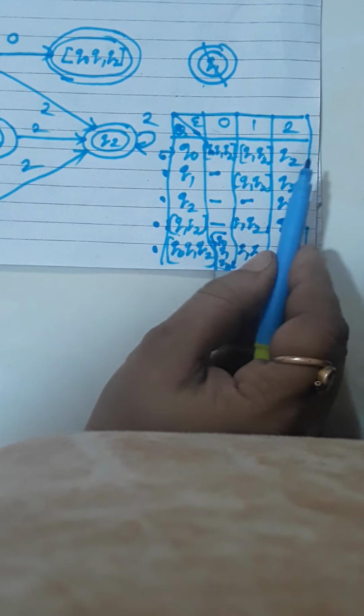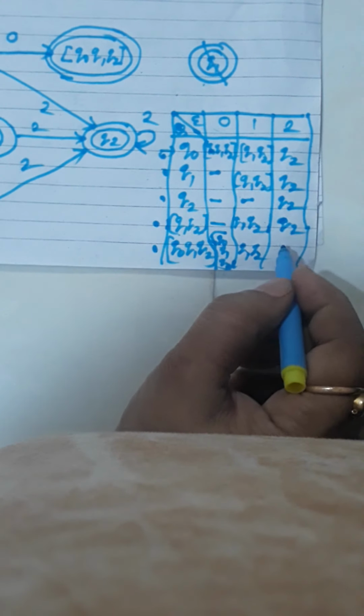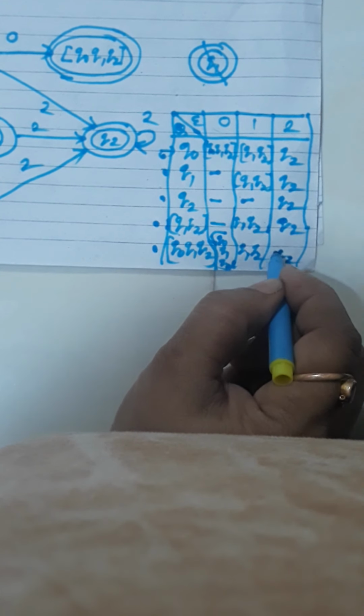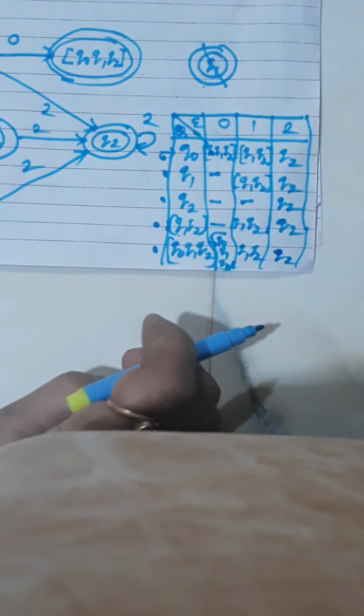Similarly, Q0, Q1, Q2 on 2 moves to Q2. Right? Now this will be your table. Now as you can observe, all these are the final state.